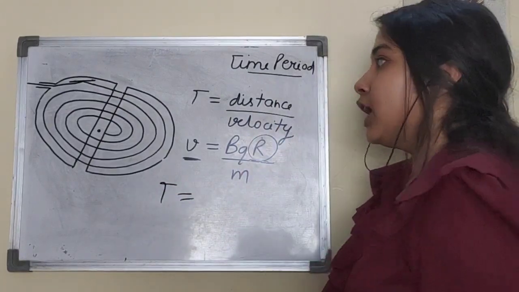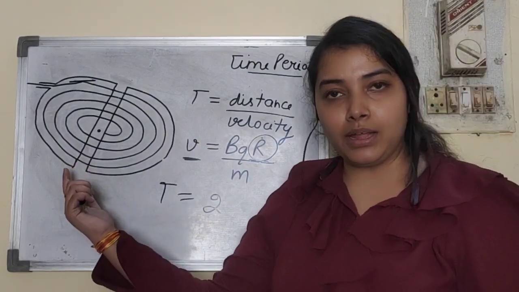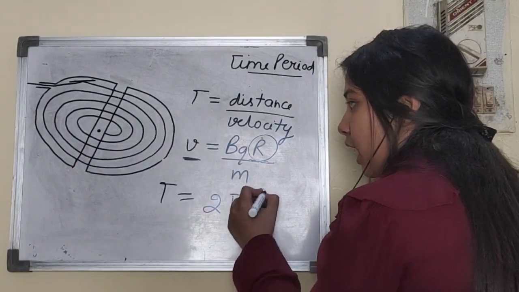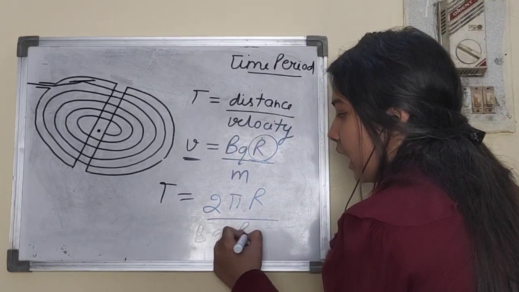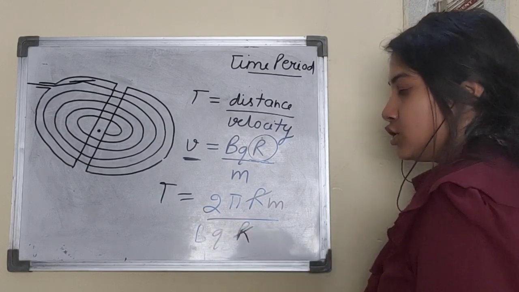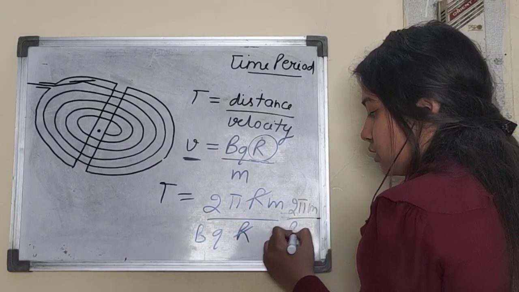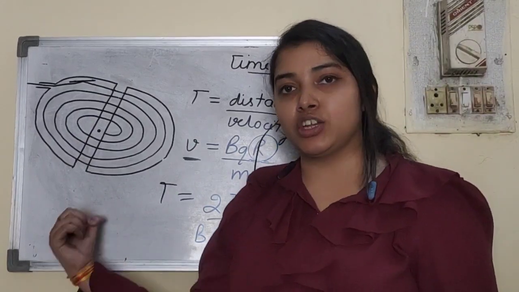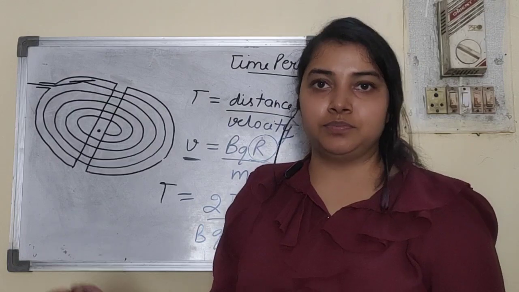Distance is basically 2 pi R, which is the circumference of the circular path, 2 pi capital R divided by, putting the value of velocity, BQ capital R divided by M. So here your time period comes out to be 2 pi M by BQ. So this is the time taken by the charged particle to cover a circular path inside the metallic container.